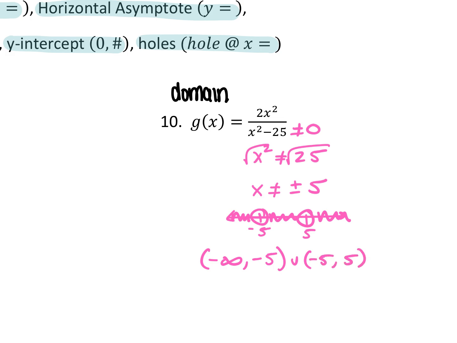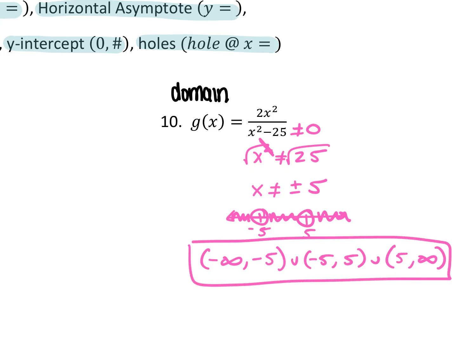Awesome. Negative infinity to -5, and then -5 to 5, and then 5 to infinity. So we're talking about all numbers before -5, in between -5 and 5, and then after 5. So our interval notation has 3 parts here.